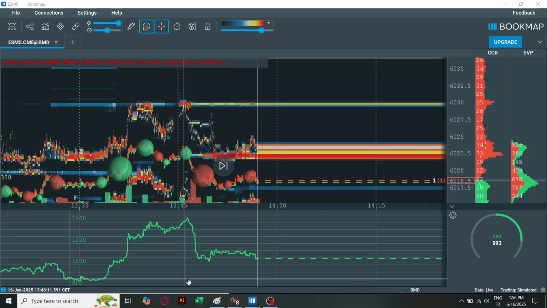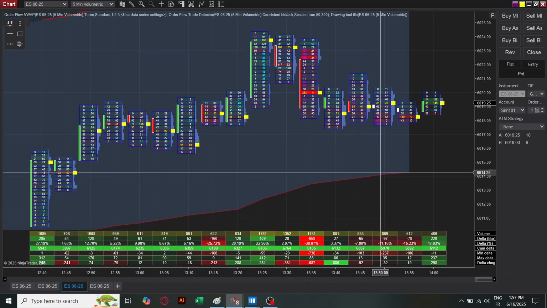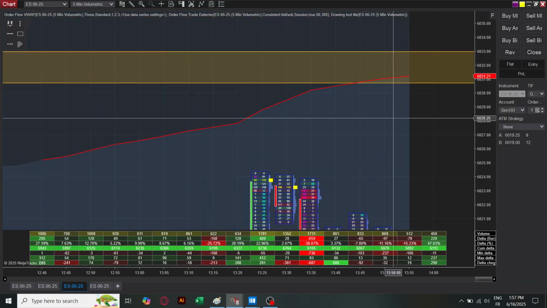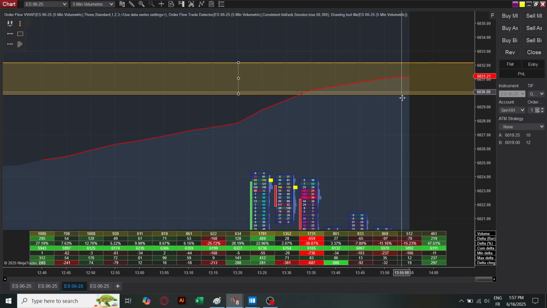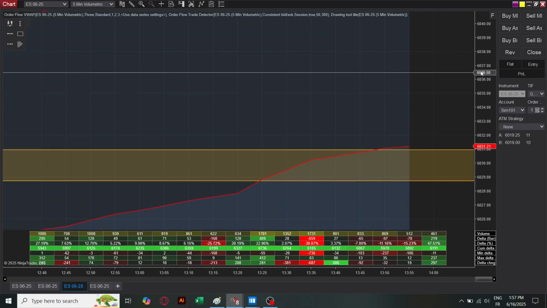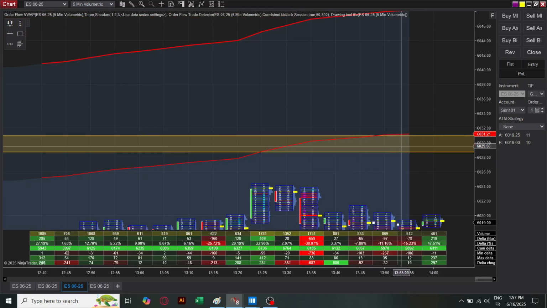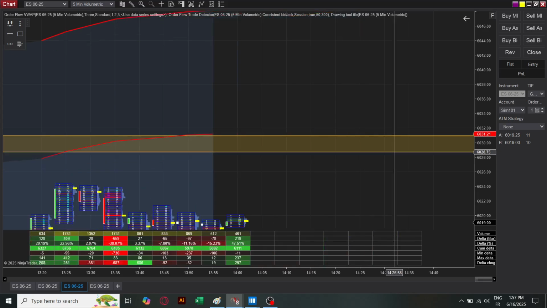No, it's not 99, it's 29 actually. So we have some limit orders at this level, and this is the 2 standard deviation upper band. So this is our level we're looking for.